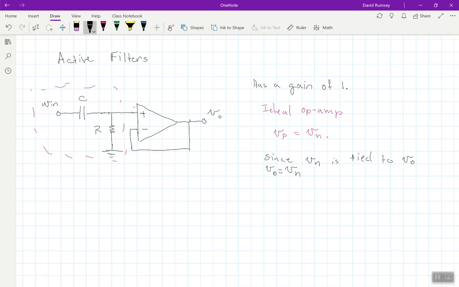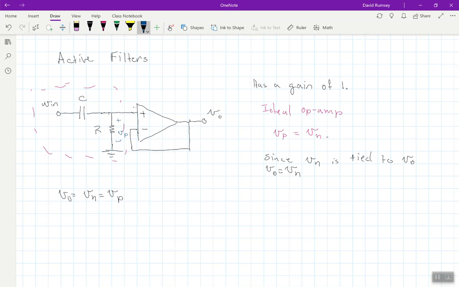But this is still a filter, because if I think about the transfer function, we said that V out is equal to Vn, but then because it's an ideal op-amp, that's equal to the voltage at the positive terminal. But then if I look here, the voltage at the positive terminal is the voltage across this resistor.